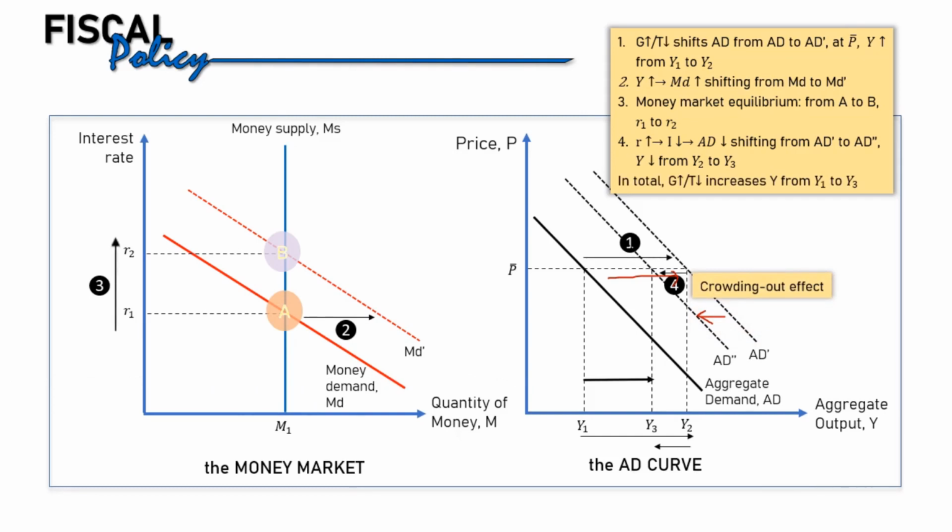So the total effect of the expansionary fiscal policy, despite the crowding out effect, as we can see, has increased Y as well as the interest rate.